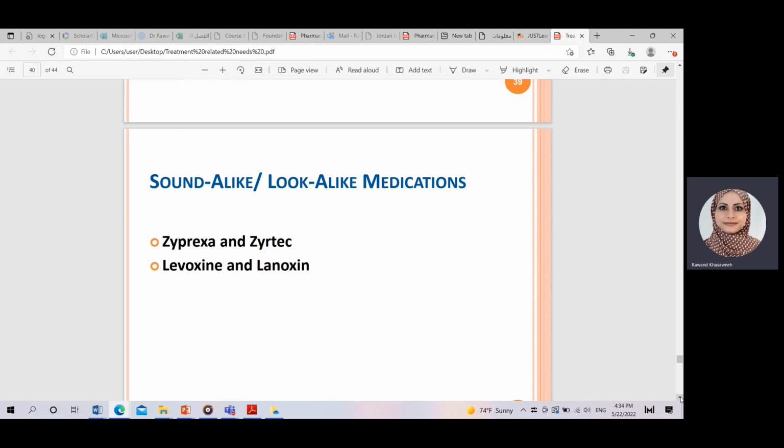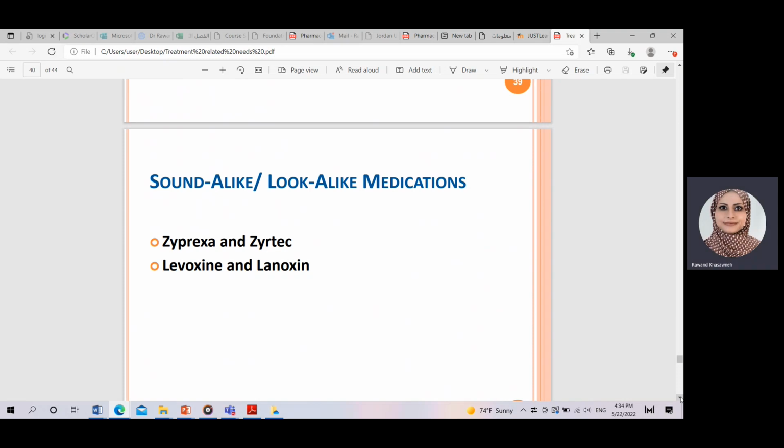So it's associated with numerous side effects, compared to a patient who has hypothyroidism and needs levothyroxine to treat the condition. Those are a couple of examples of sound-alike medications and how dangerous it is to get such medications mixed up and given inappropriately.